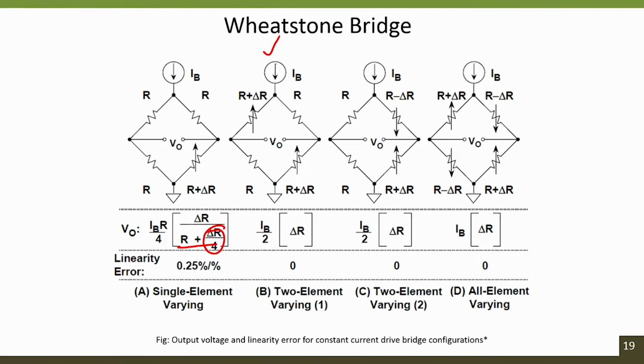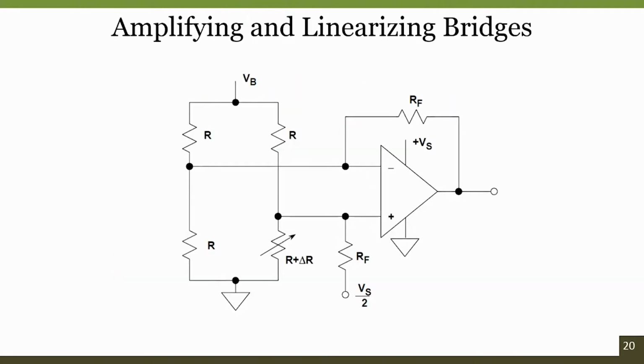When we go with a constant current as an input, we can see V naught is proportional to delta R, with a proportionality constant of IB by 2, even when you have R plus delta R and R plus delta R as your sensors. This is another way of designing a signal conditioning circuit with the same element varying bridges, using a constant current as an input instead of voltage. Producing a constant current is again a problem. We have to look into that.